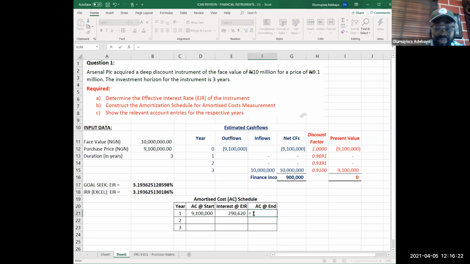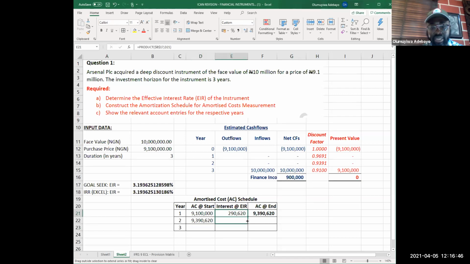At the end of the year, my investment will have grown from 9.1 million to 9,396,620. When they ask me what is my amortized cost at the end of the first year, it is this amount. And that is what I will open with in year 2. By the time I drag this down, it gives me what I should recognize out of this 900 in year 2, such that my amortized cost at the end of year 2 is now 9.6.